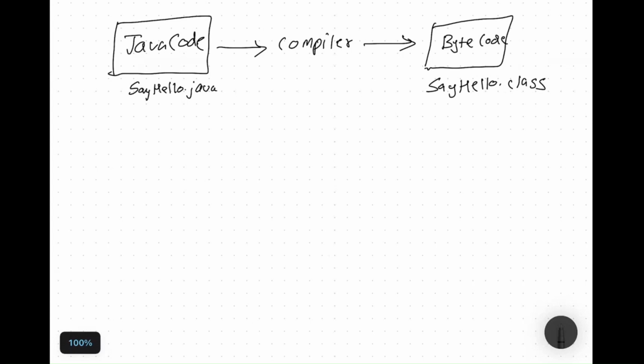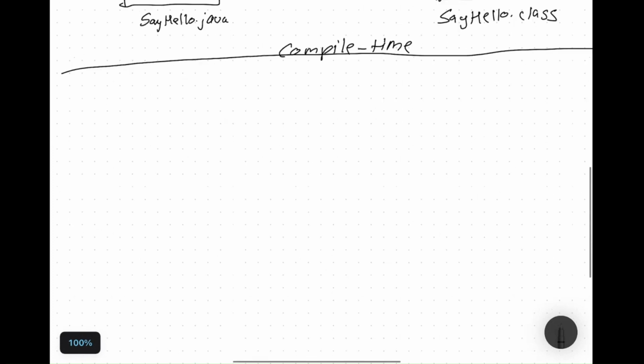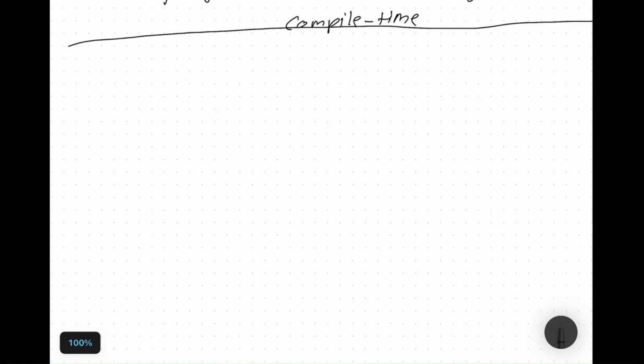So this is compile time. But after compile time, what happens during runtime? We will look into it. We have our class file, which will be SayHello because this is the name of my class.